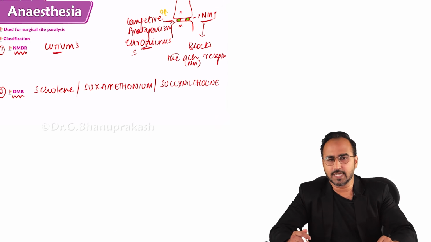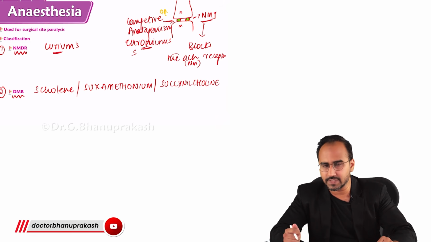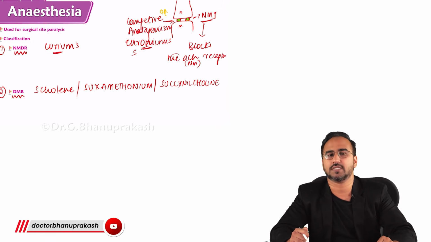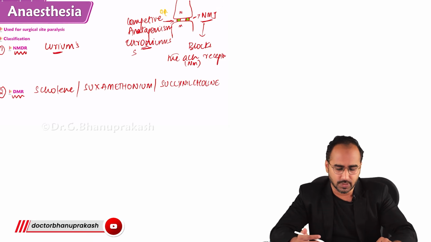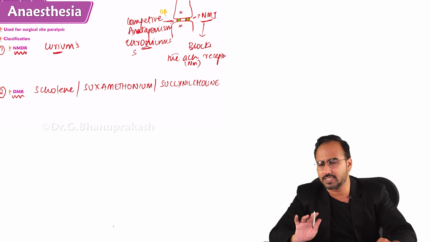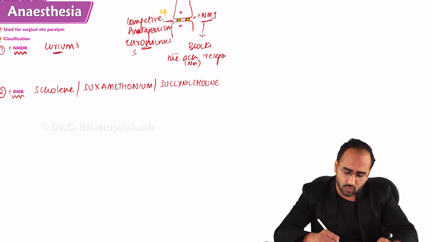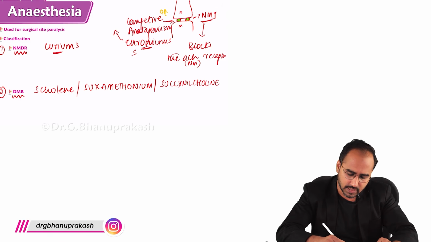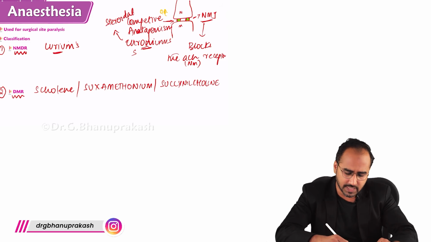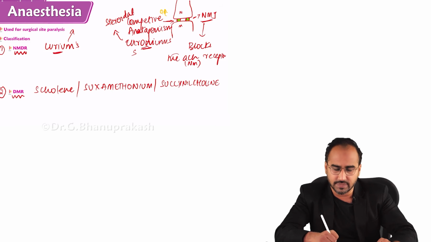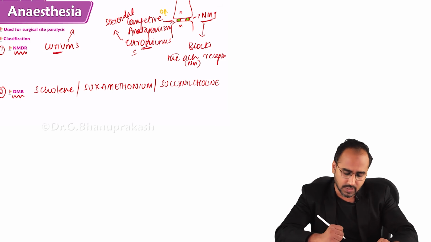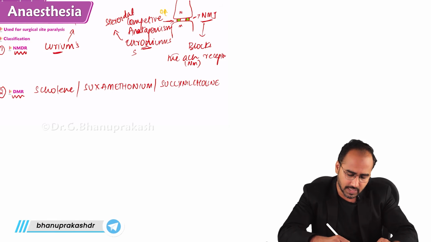So guys, we have discussed the two classifications of muscle relaxants. One is depolarizing, which is succinylcholine, and the other is non-depolarizing. In non-depolarizing, you have curiums and curoniums. There is no such classification given, but the curoniums are steroidal muscle relaxants, and the curiums are benzylquinoliums.